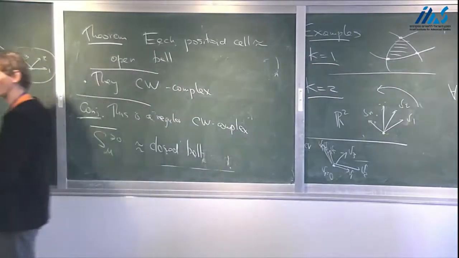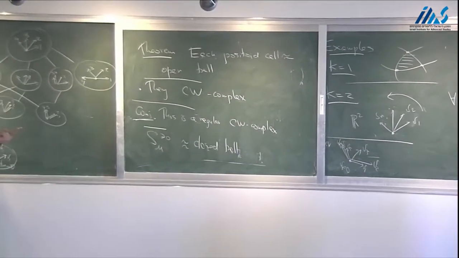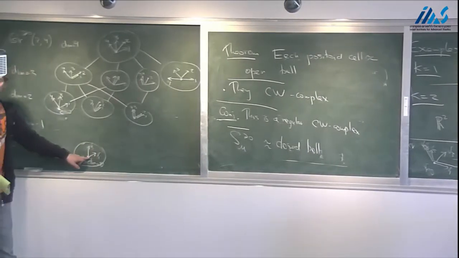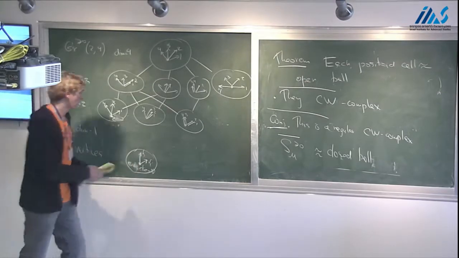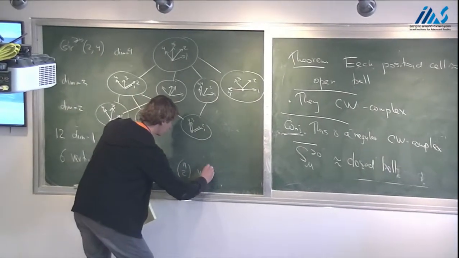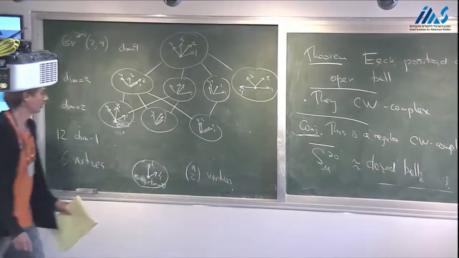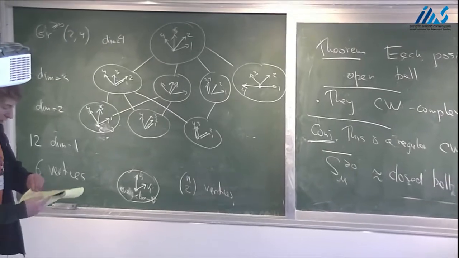If you have just a pair of vectors that form a basis, of course, modulo linear transformations all of them are equivalent. So this is really just a single point. And of course, there are n choose k, here n choose 2, vertices, because there are n choose 2 ways to pick a pair of vectors. Okay.